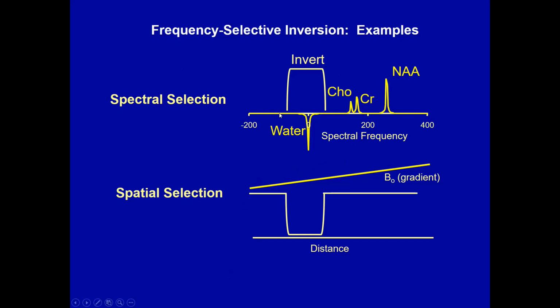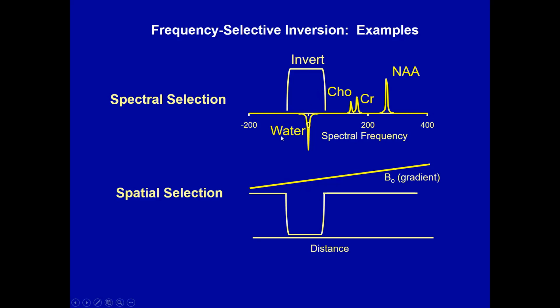You might, for example, invert a band around water, and wait some period of time before you begin your spin echo or pulse acquire experiment, so that this water can go through T1 recovery and reach zero Z magnetization.